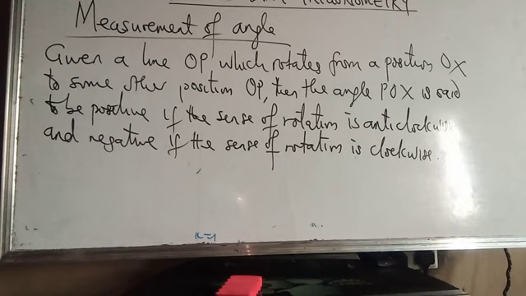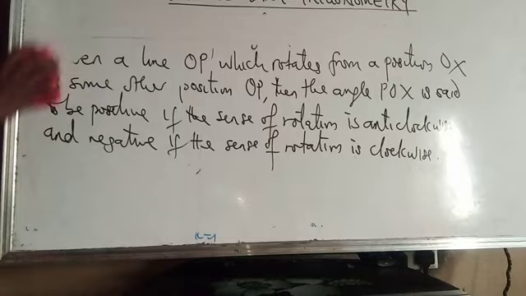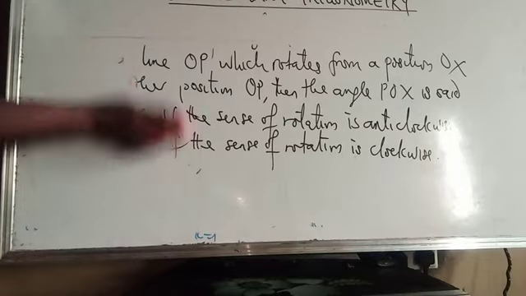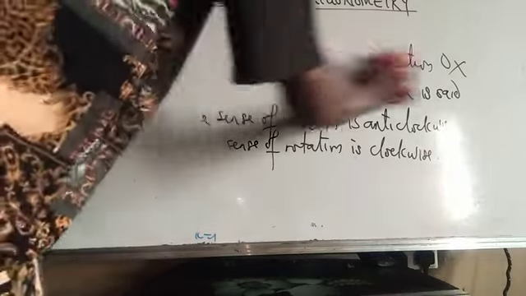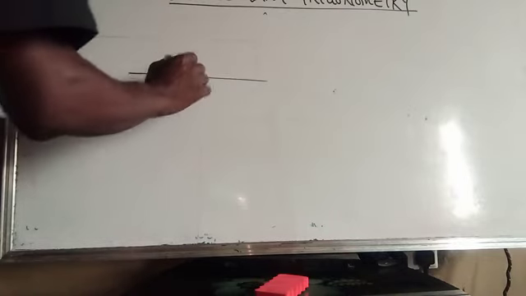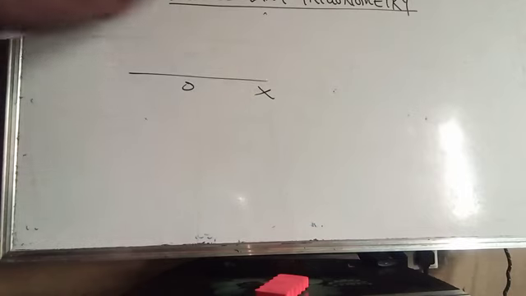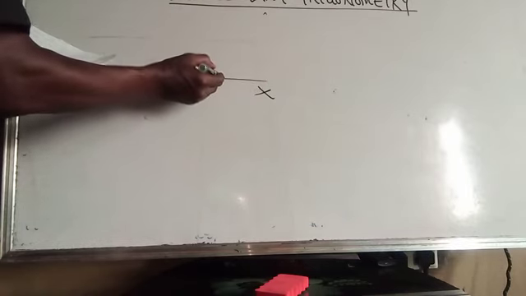Now let's give a diagrammatic sketch for further explanation on what we meant by sense of rotation being clockwise and being anti-clockwise. Let's say this is line OX, and we have OP that has rotated towards this direction.